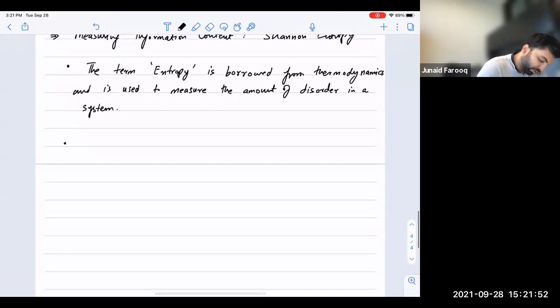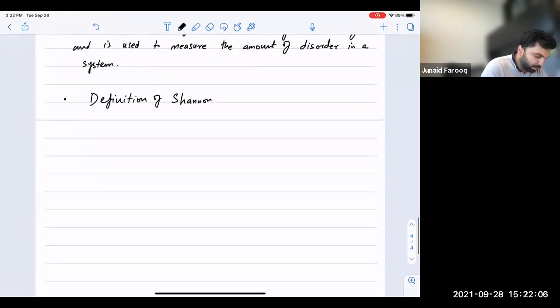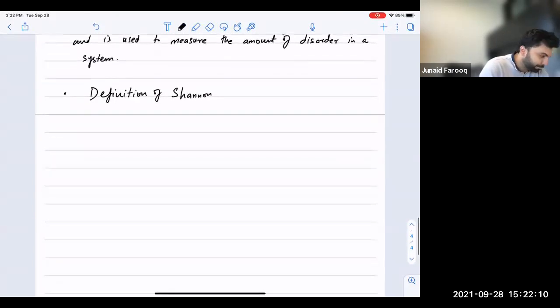Okay, so Shannon entropy is defined in a similar way to what we just mentioned, but it's actually the average over the entire ensemble. So we write down the formal definition here.